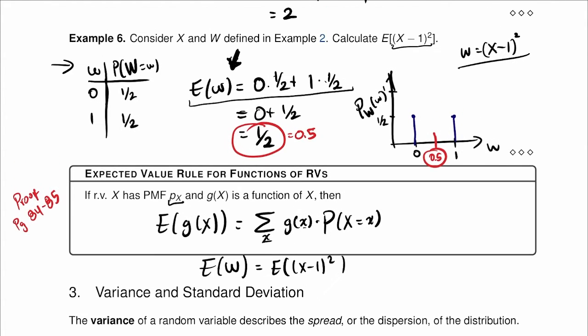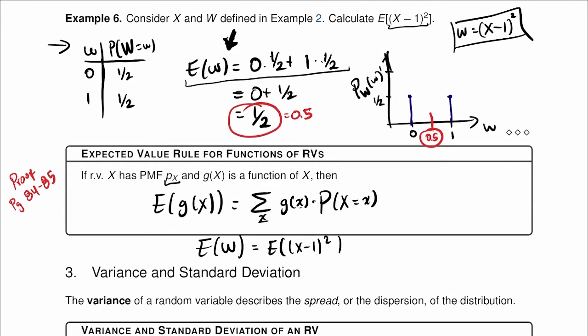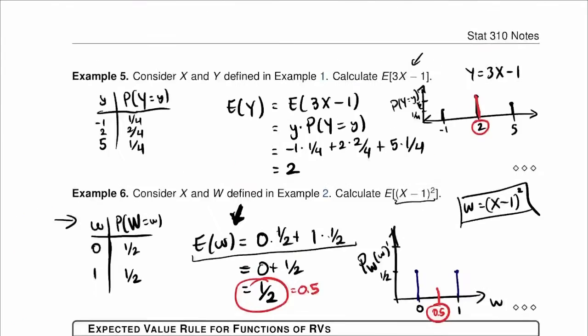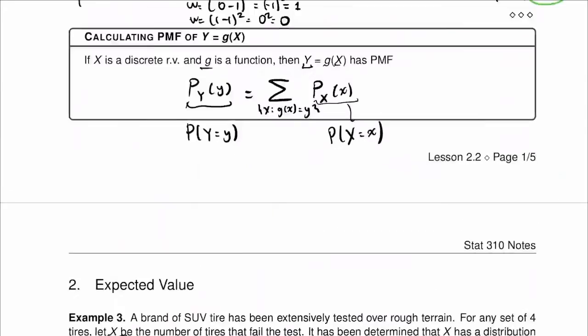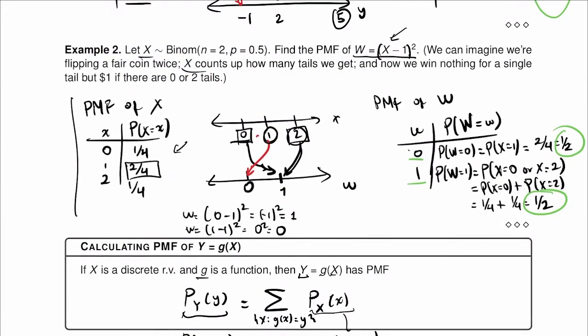Remember that W was defined as (X - 1) squared. And this expected value, according to this formula, is going to be the transformation evaluated on each possible value of x. So 0 is the first possible value of x: (0 - 1) squared, times the probability of X being equal to 0. And if you remember, this probability was 1 over 4.